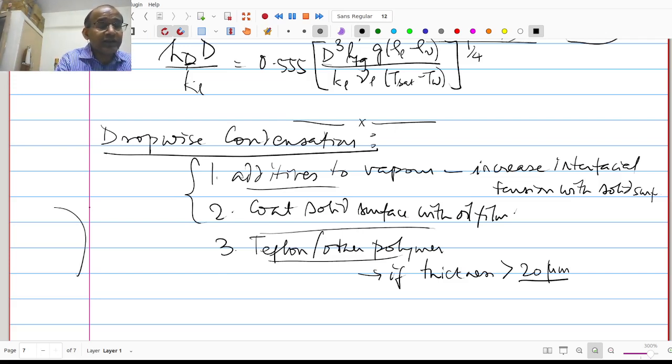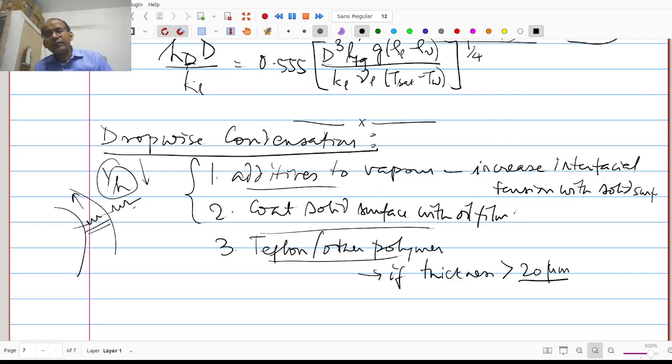So liquid surface, there is the resistance of Teflon, and then there is resistance of 1 by H. And what you find is that 1 by H might go down by a factor of 10 when H goes up by a factor of 10, but then this increases so that the total actually offsets the advantage that you got by increasing the value of H. So that is the problem with Teflon, and a stable coating of any of the polymers actually needs thicknesses comparable to this or more, and therefore this is also not a very effective method, but it's used in some places.